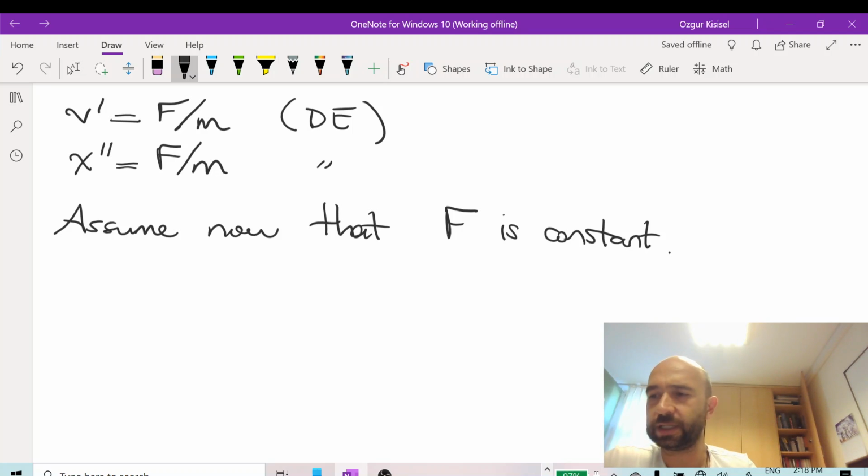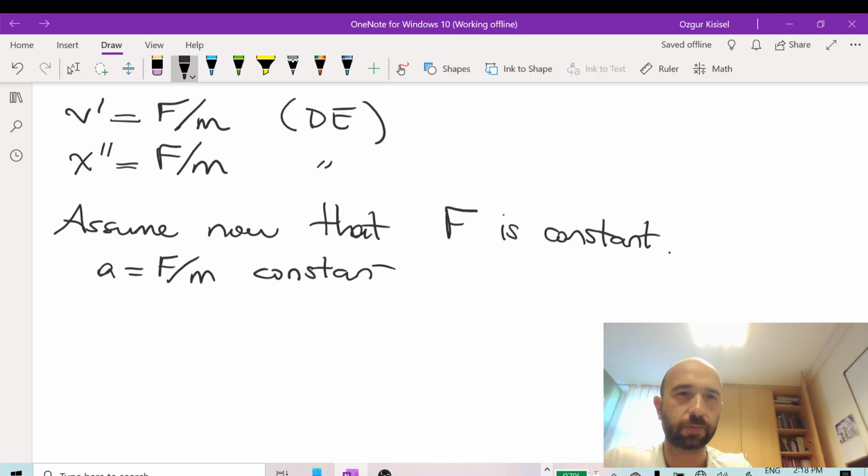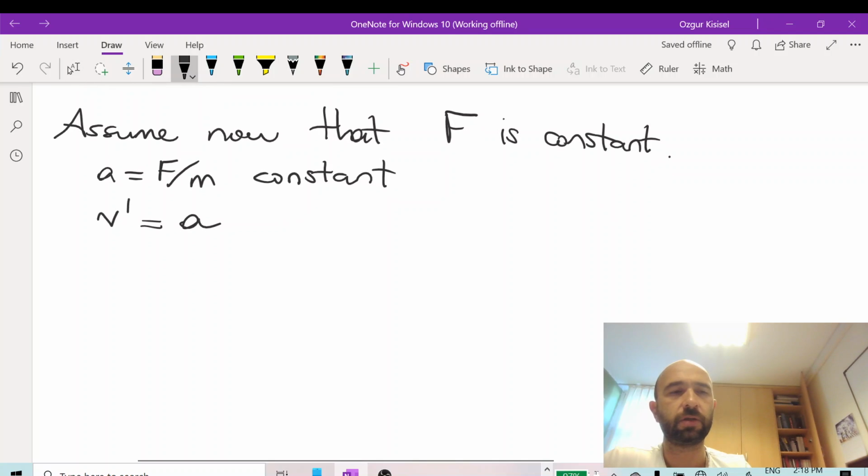Okay, in that case, these differential equations are quite easy to solve. a is F over m, which is constant. Then you have v prime equals a. This is a differential equation, but it's really like calculus because you can directly integrate.